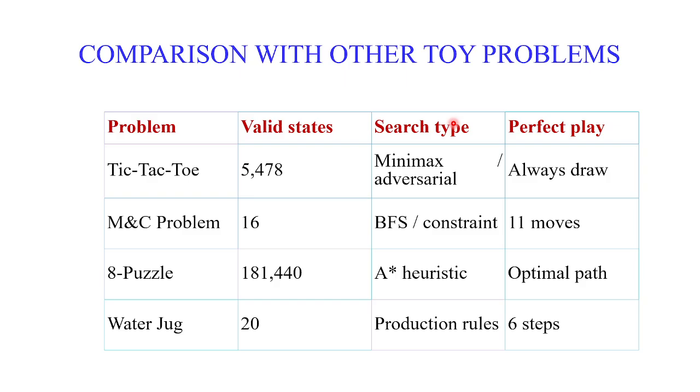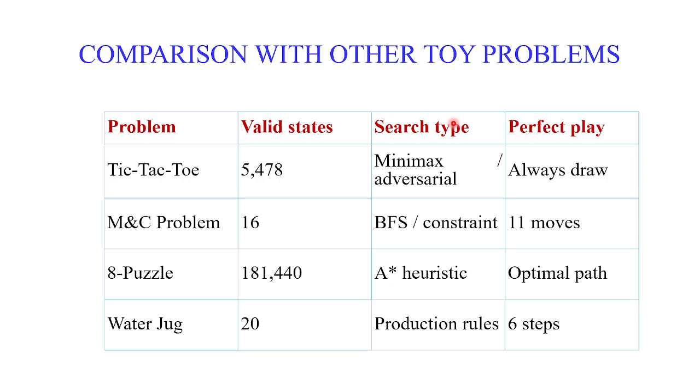The 8 puzzle problem has 1,81,440 states and uses A star with a heuristic to find the optimal path. The water jug problem has 20 states and uses production rules, solved in 6 steps. So these are all the fundamentals.